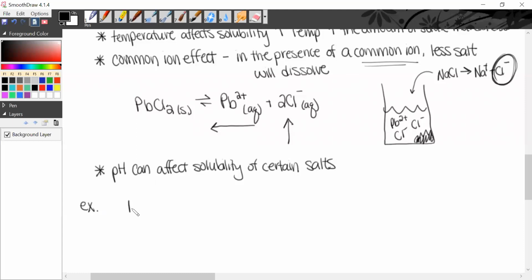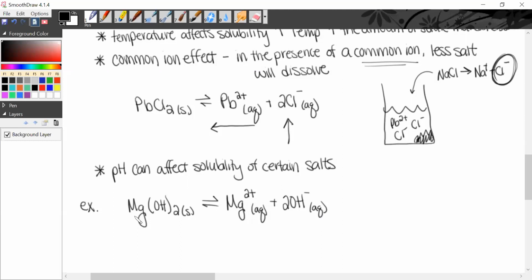Let's say the salt that I'm talking about is a hydroxide, like Mg(OH)2. Mg2+ and 2 OH-.